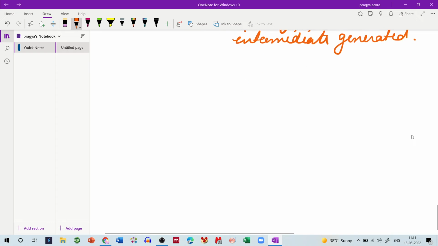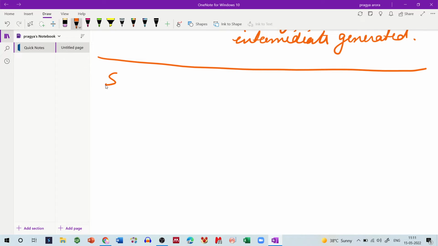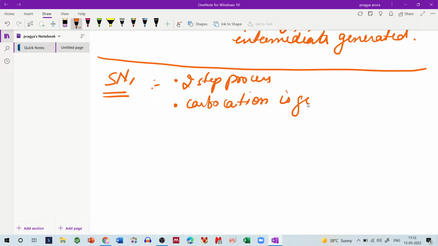So summarizing the first order nucleophilic substitution reaction, that is SN1, what we understood is that it is a two-step process where a carbocation is generated in the first step.